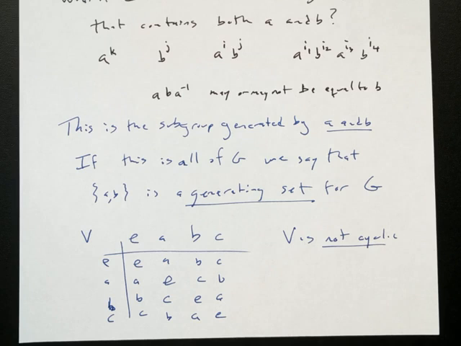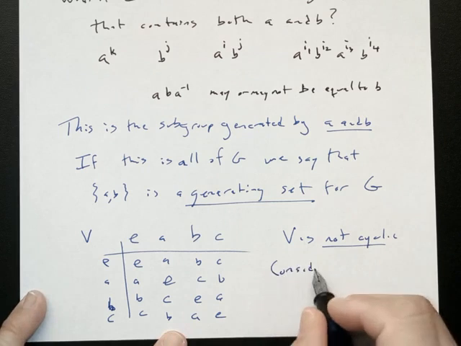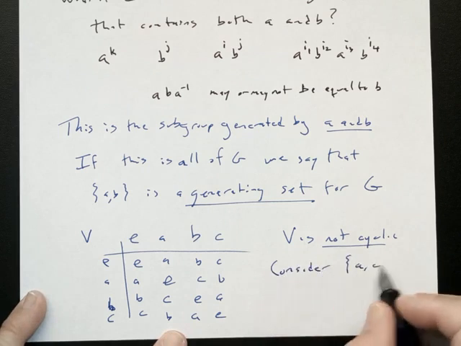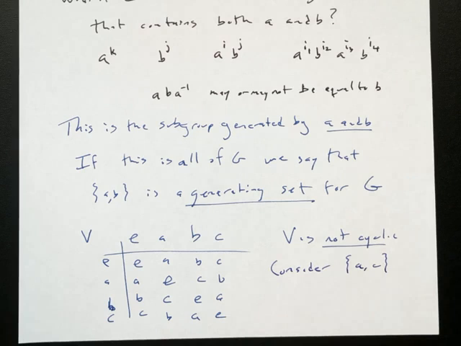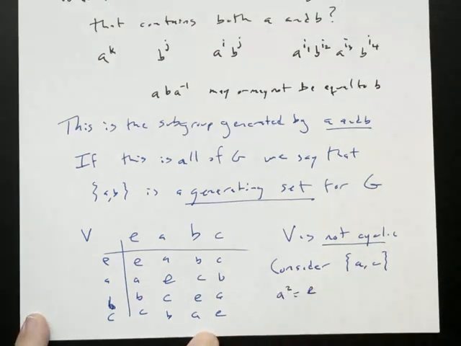Pick any two other than E. A and C. I know that if I take A times A, I get E again. So E is in the subgroup generated by A and C.